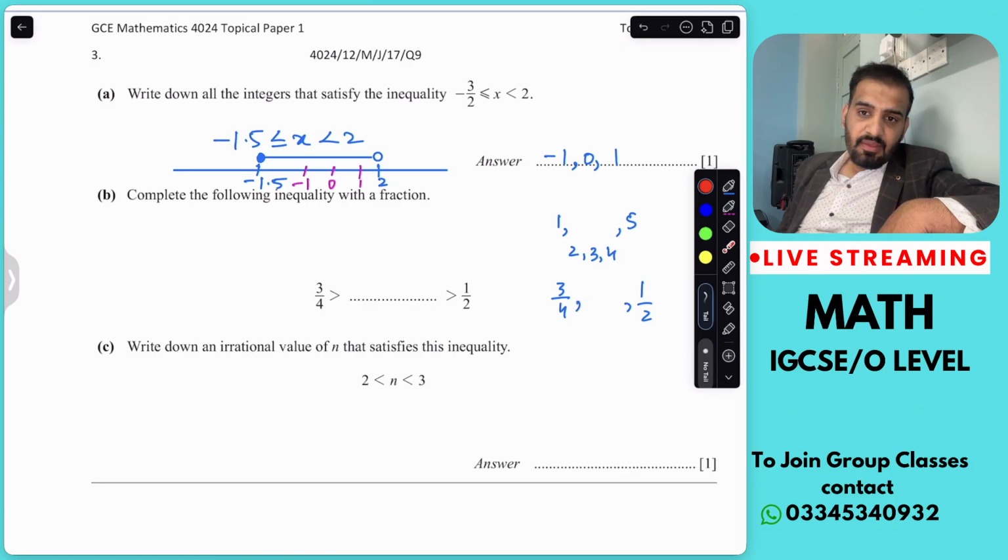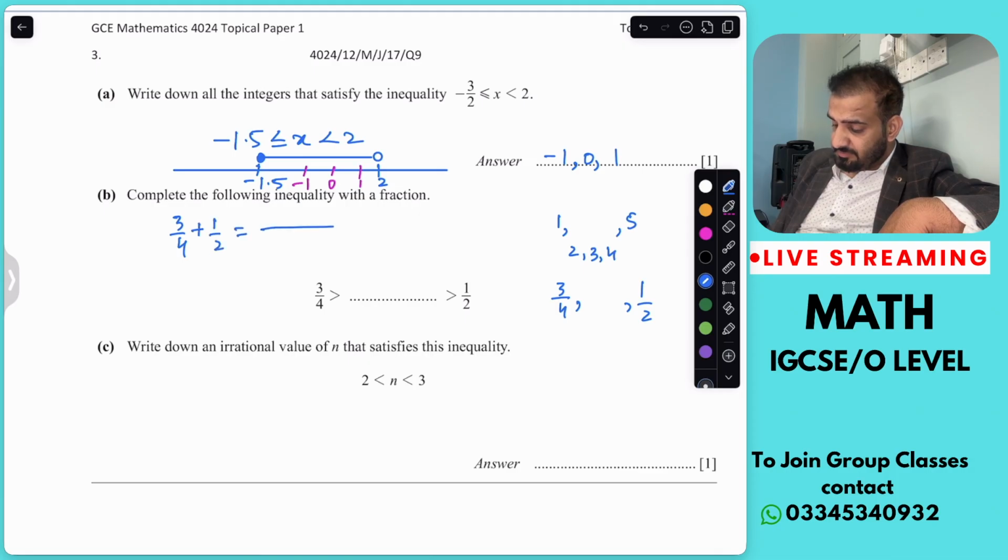Okay. So if you want to write some number in the middle of these two numbers, तो आप क्या करोगे? आप लिखोगे 3/4 plus 1/2. That will be 3 plus 2, that is 5/4.